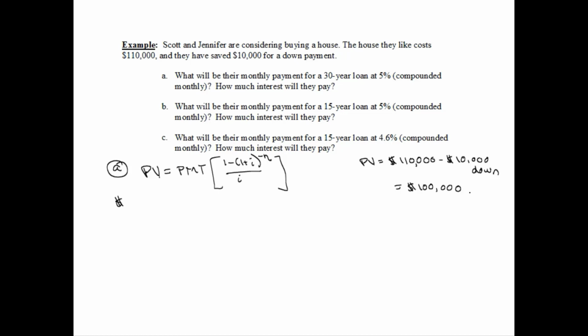So in each case, we are financing $100,000. And this time our n will be, it's compounded monthly, so we have 12 times 30 years. So that means there will be 360 house payments.